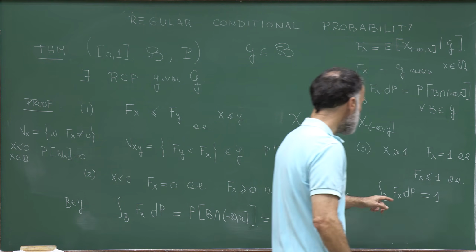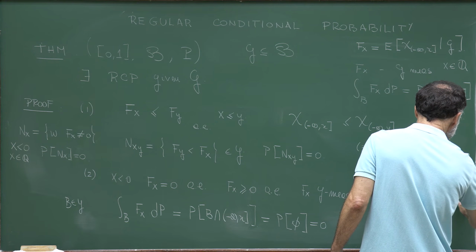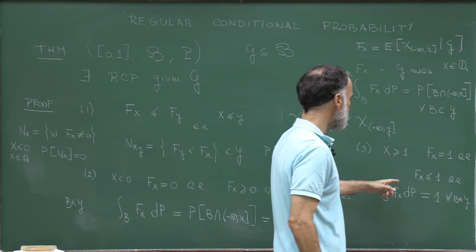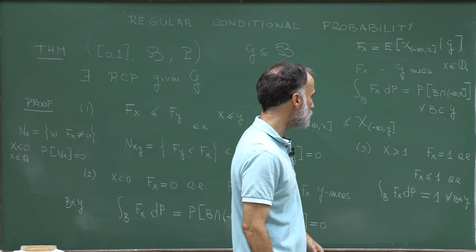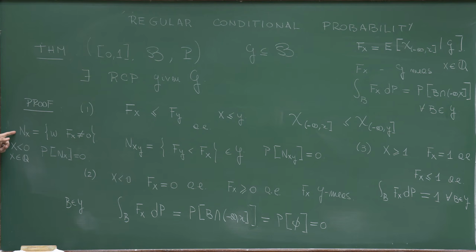And from these two facts, we can conclude that fx is equal to 1 almost everywhere, and define exactly in the same way the set nx. So for x larger than 1, nx will be the set of omega such that fx is different from 1. This set is G measurable and has measure 0.